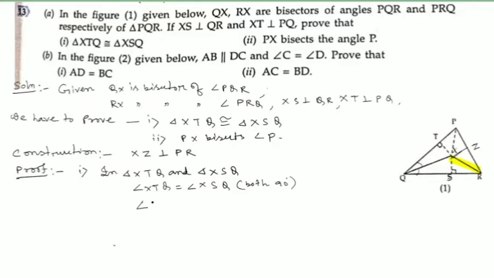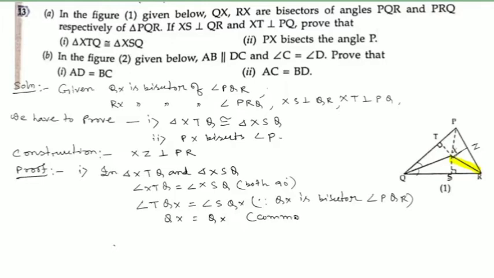So obviously angle TQX is equal to angle SQX, since QX is the bisector of angle PQR. Therefore these two angles are equal. And last one is QX is equal to QX. This is the common side between these two triangles.